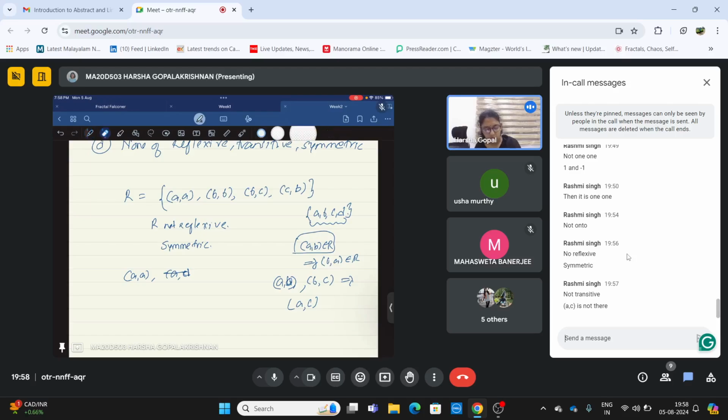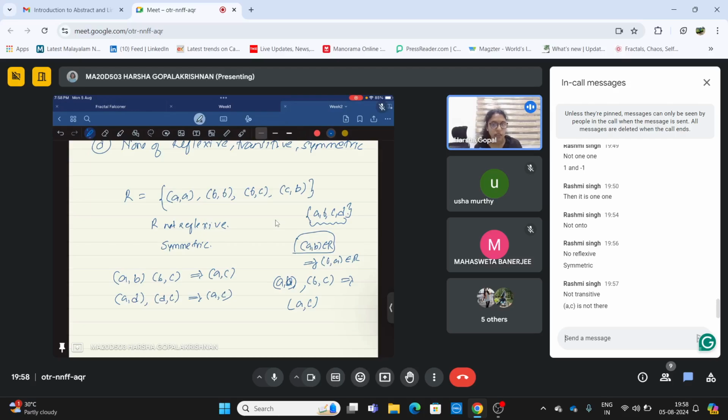That's okay, right? Why do you need AC there? See, suppose AB, BC is there, then AC should be there. But here AB is not there, so we don't need to check. In the same way, if AD, DC is there, in that case also we need AC.